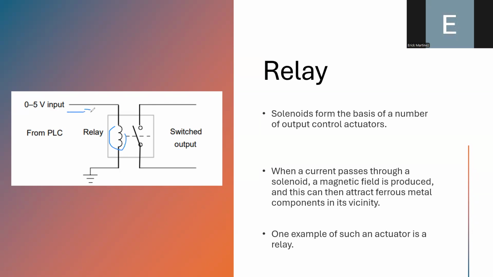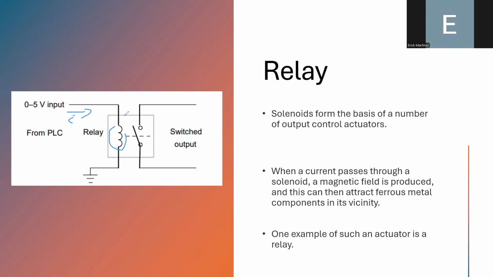The interesting part is that when you connect a positive voltage to these two terminals, a current will be generated. And this current, when it travels through this coil or solenoid, will produce a magnetic field. So the presence of this magnetic field will control the switch.